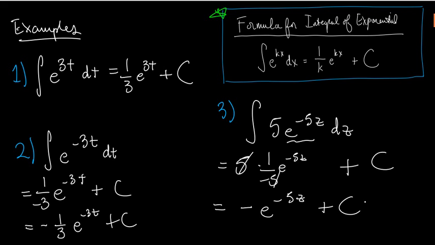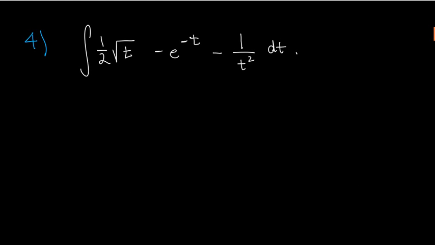All right? Not bad. So now let's tie in some of the previous videos with this function. Here we go. We take the integral of this entire expression, 1/2 square root t minus e to the minus t minus 1 over t squared. All right, so let's just watch out for these minus signs and apply the power rule a couple of times as well. So let's set it up.